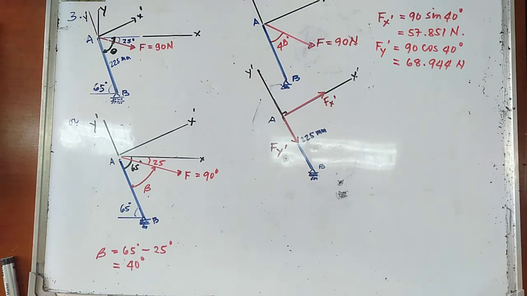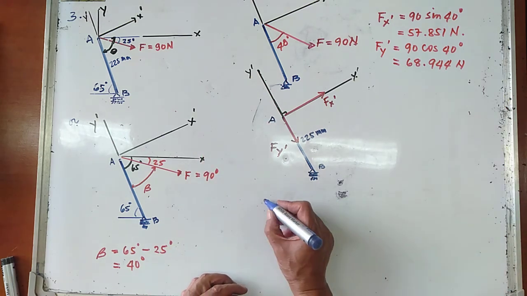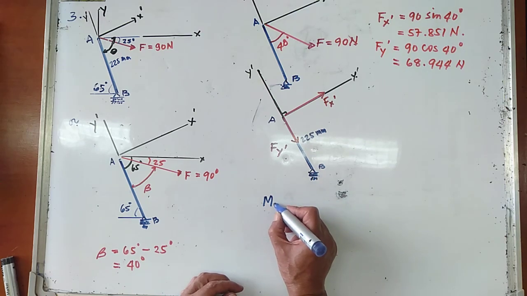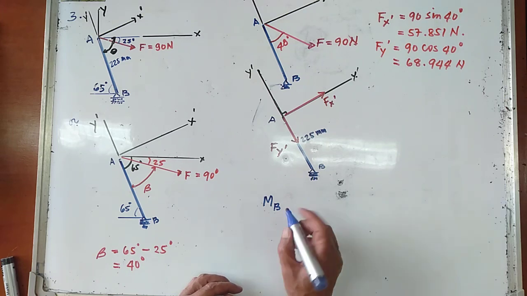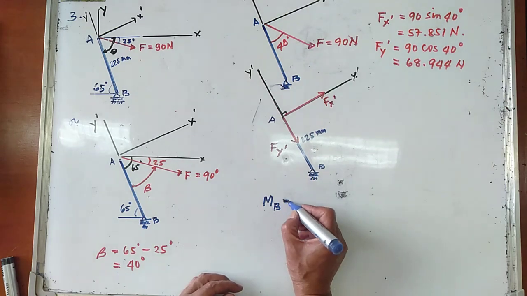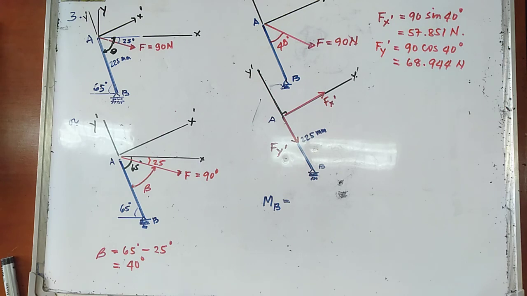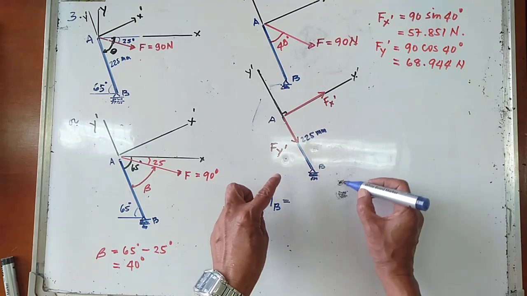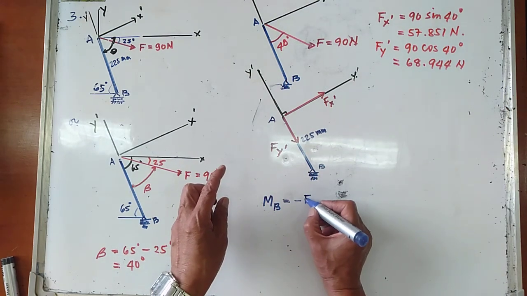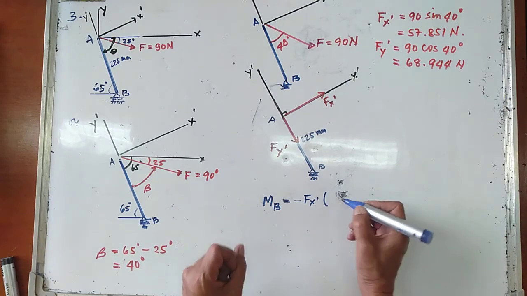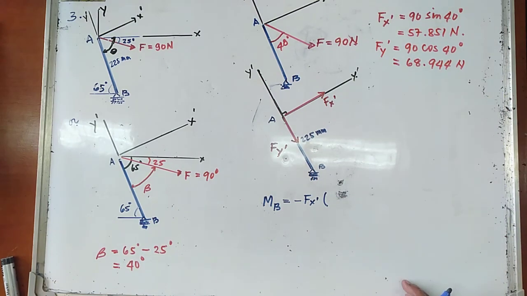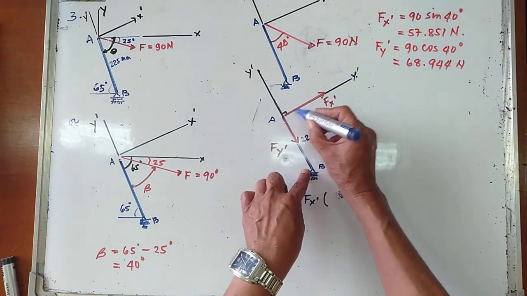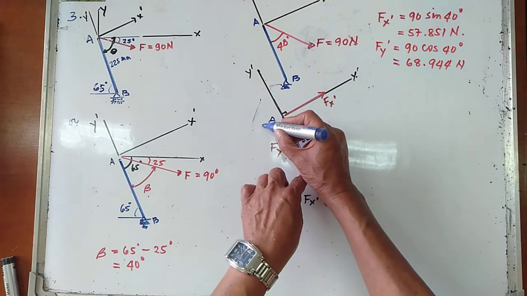Still assuming counterclockwise moment is positive, then the moment of the force F equal to 90 about point B is equal to the moment sum of its components. Your Fx prime is going clockwise, so we have minus Fx prime multiplied by the moment arm. That is the perpendicular distance from the moment center to the line of action of the force Fx prime.